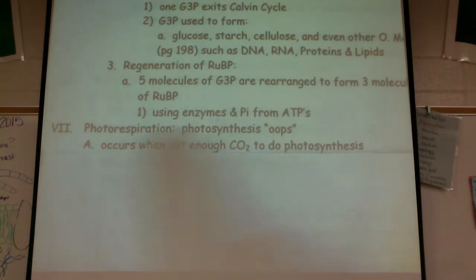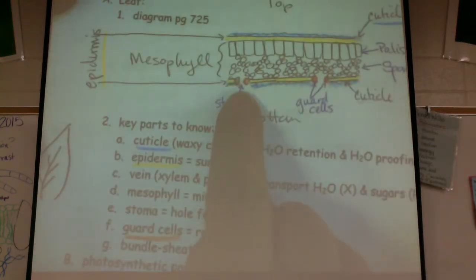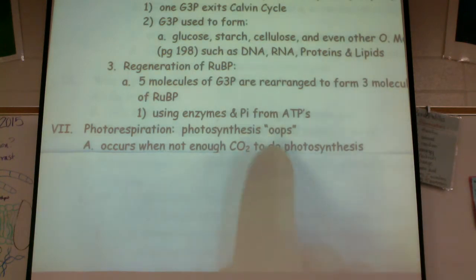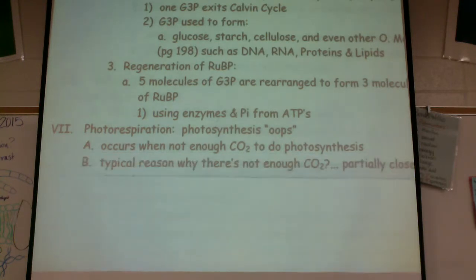So, when you don't get enough CO2, because remember, you've got to be able to do gas exchange to be able to get the CO2. It's got to come in through that hole. Problem is, you're losing water. So in really hot environments, you might close those because you don't want to die, but you need the CO2, okay? So, if you don't get enough CO2, it could be you've got a partially closed stomata.